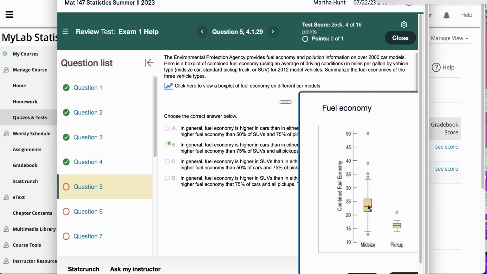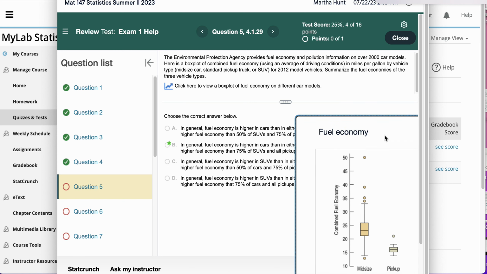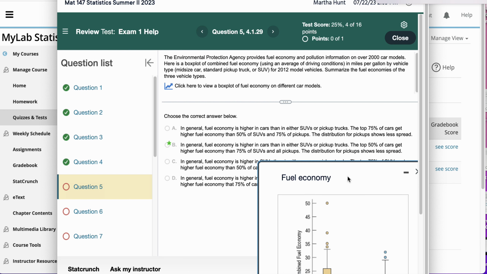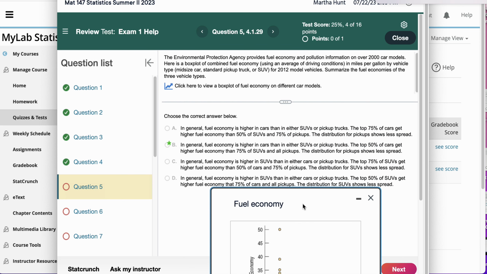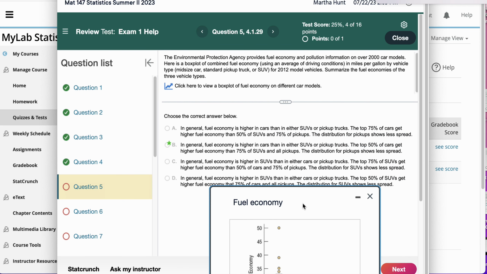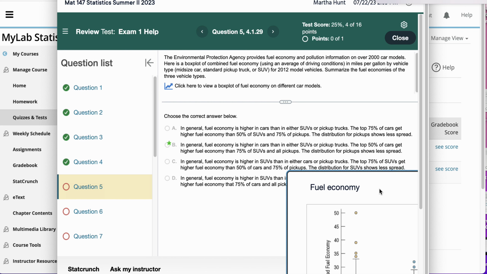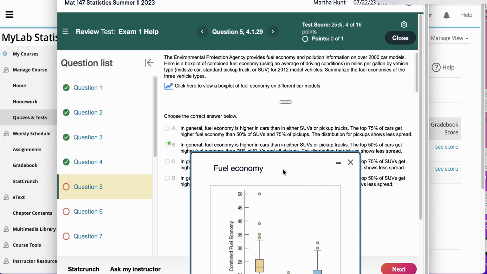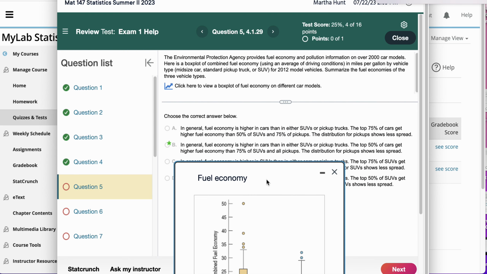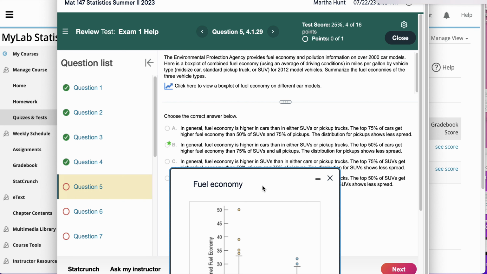So 50% of the cars get better fuel economy than 75% of the SUVs. So this is 75% of the SUVs. Yes, 50% get more. So you can look at the response, go back to the box plots, and understand why the response is what it is.